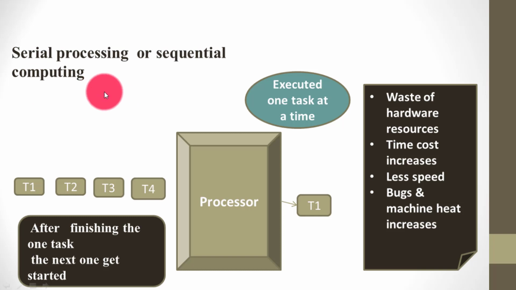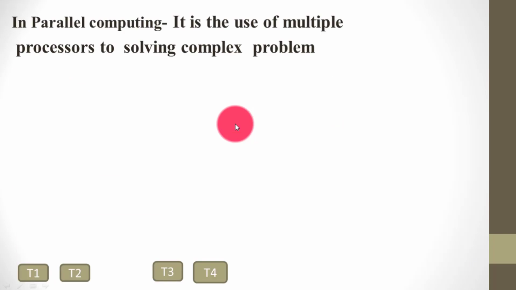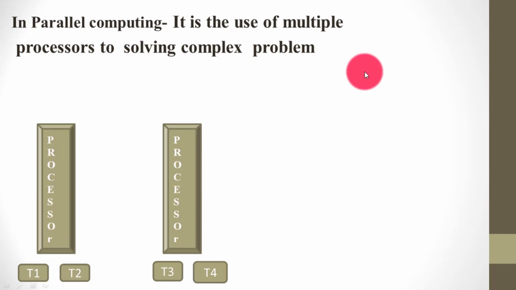Then we will see what is meant by parallel processing. Parallel processing is the use of multiple processors to solve a complex problem. In this diagram, we use two processors. The instructions are divided between these two processors, and the processors execute the tasks or instructions simultaneously, or in parallel. That's why it is called parallel computing.